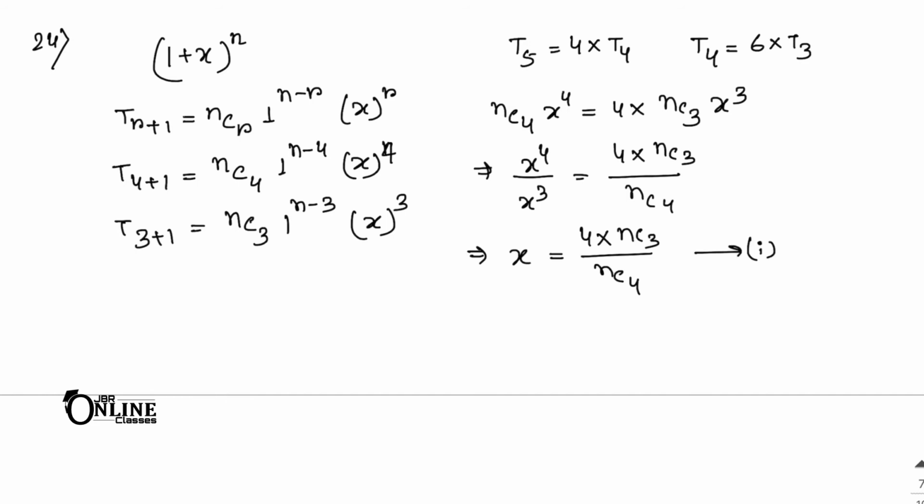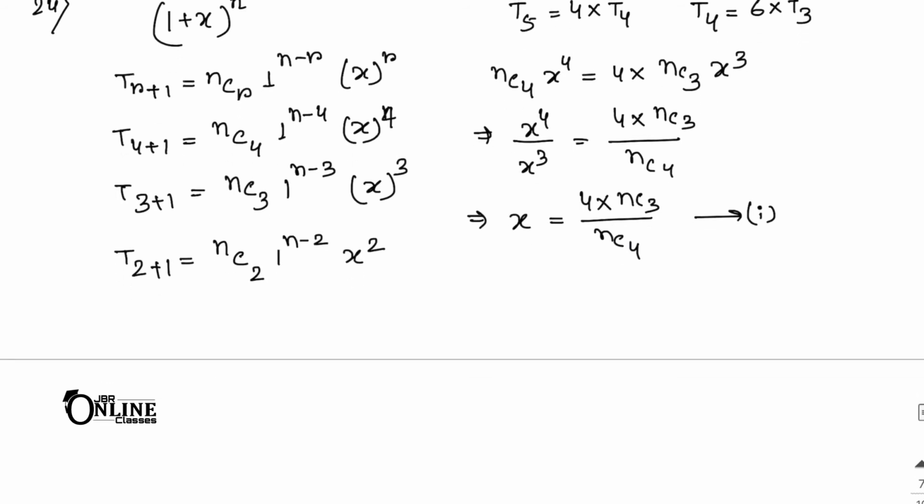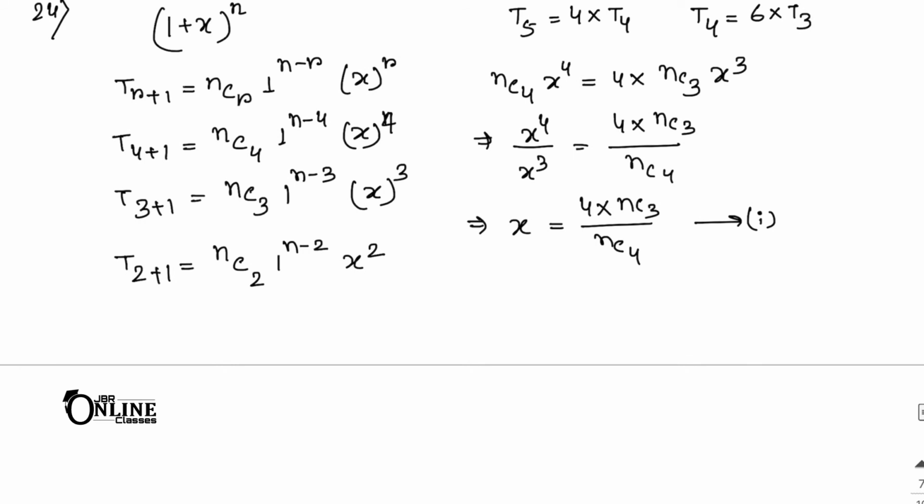Now the next condition, that is T4 is equal to 6 into T3. T3 means T2 plus 1. That means you can write nC2, 1 to the power n minus 2 and x square. So now you can write T4, which means nC3 x cube, is equal to nC2 x square into 6.